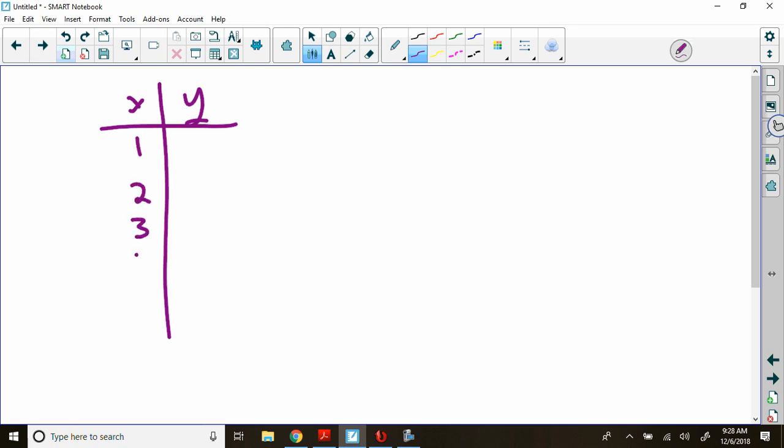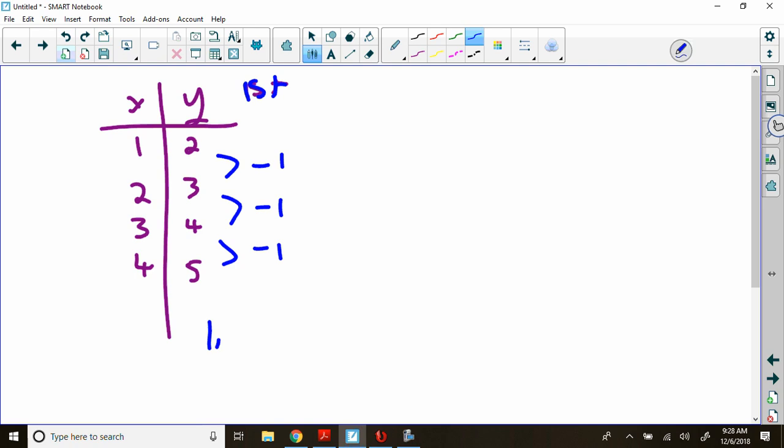And then 2, 3, 4, 5. So our first differences are going to be -1, -1, -1. Oh, look at that! Right off the bat, right? So that means this one's linear.